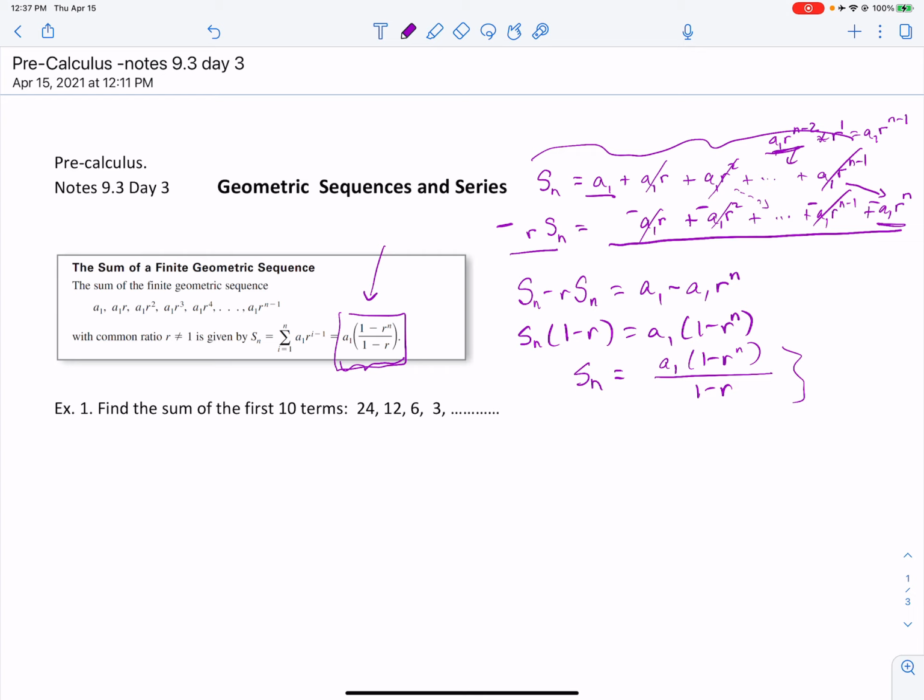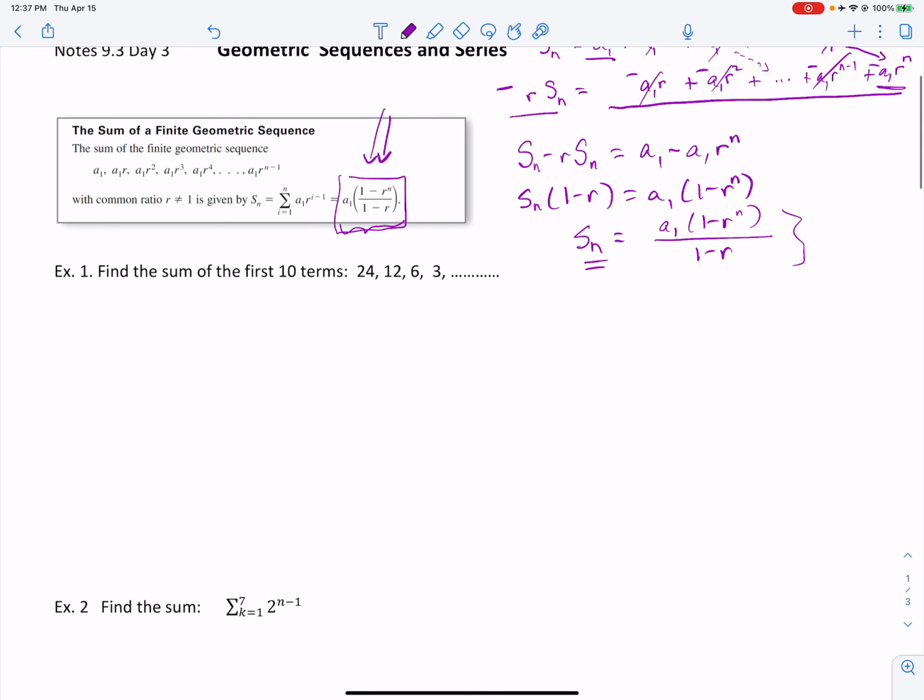So this is your formula, and you'll notice that's exactly the formula that we have right here. This is when you are adding up a finite number of terms. 10 terms, 50 terms, 1,000 terms, but it's a finite number of terms. It's n terms. So you have to show use of formulas here.